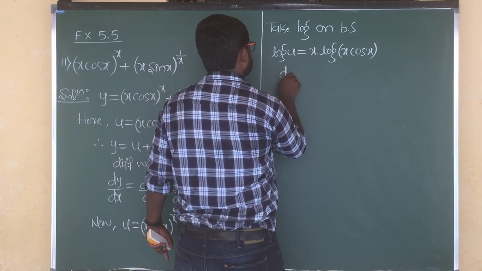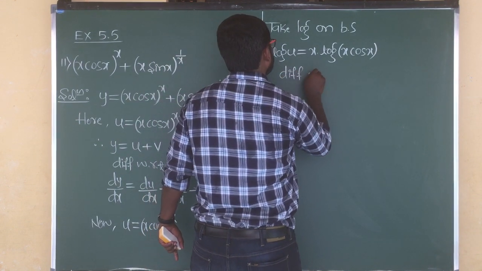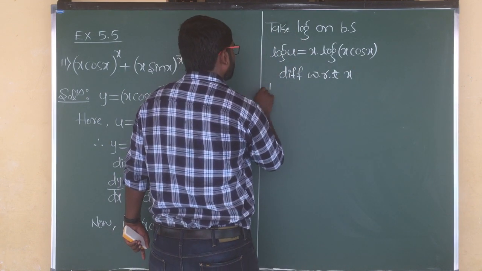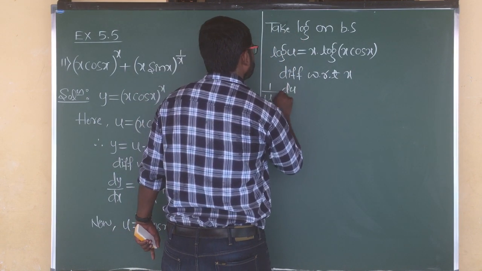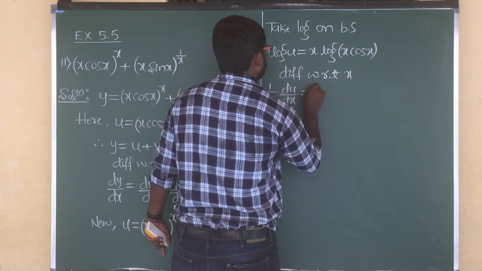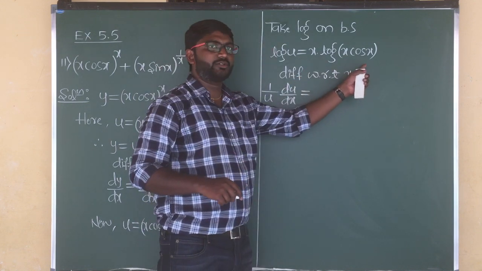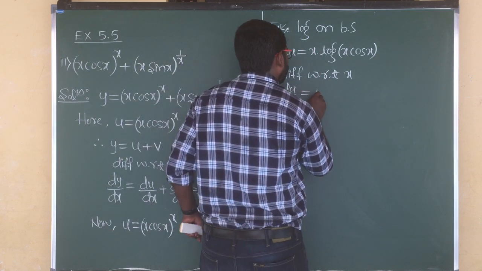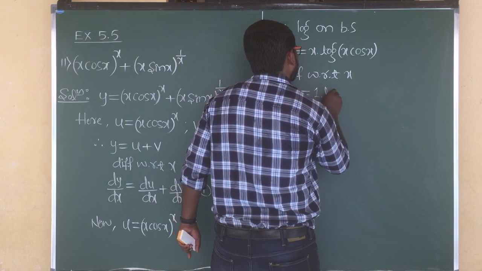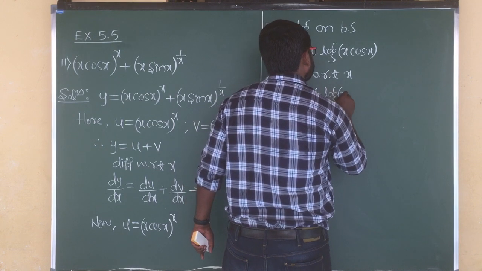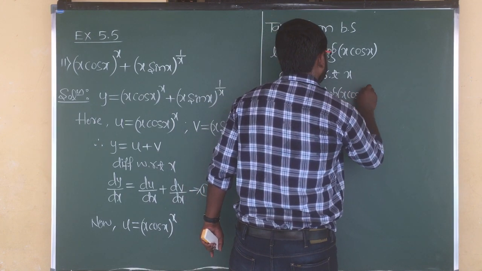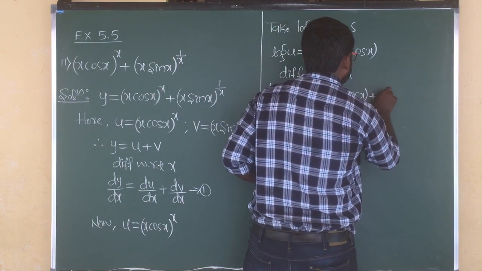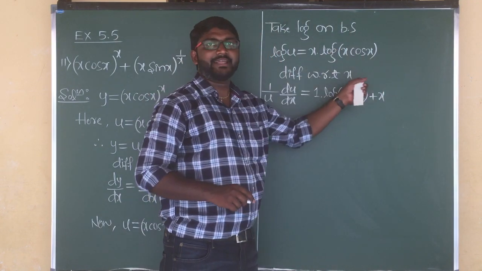So differentiate with respect to x. What do we get now? 1 by u du by dx is equal to, here we have to apply the product rule. Derivative of the first function is 1, so 1 into log of x cos x, plus write the first term as it is and then differentiate the second term.